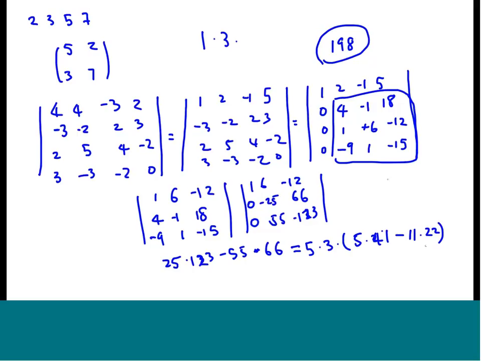So then next 242. That's 7, 3, 33. So 5 times 3 times 33. So probably plus or minus.